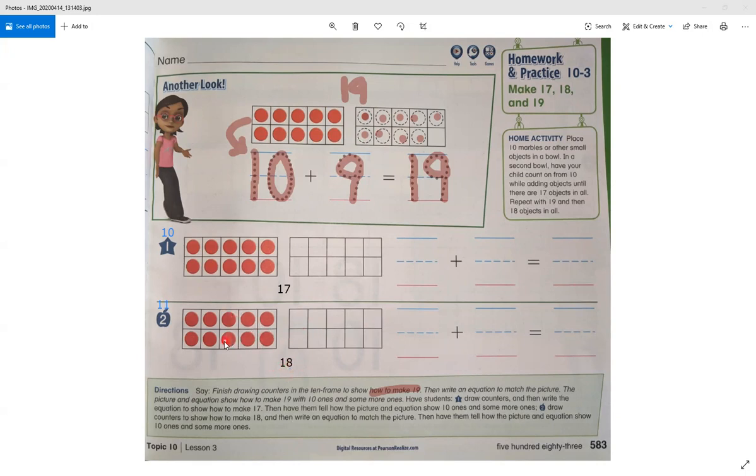You're going to show the counters so that you end up with 18 counters all together, and then write your equation and make sure it equals 18. So remember, we're calling this problem 10 and this problem 11. So let's ignore that number and that number. All right, go ahead and pause the video and start working on this.